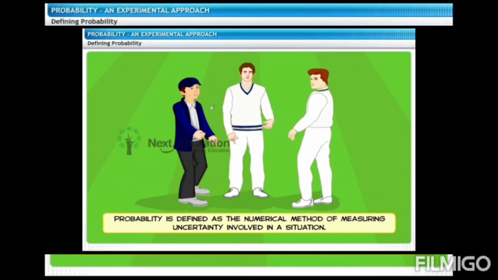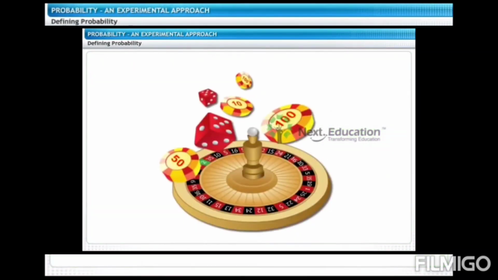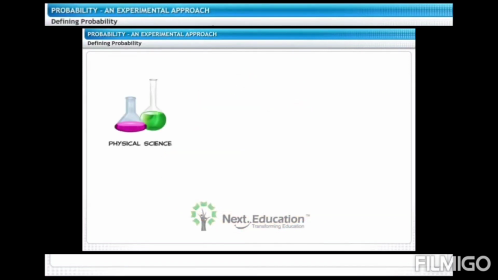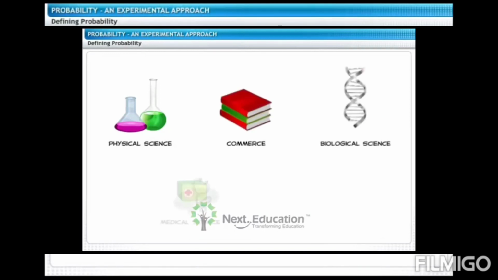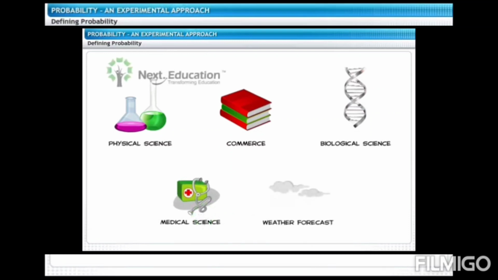In mathematics, probability is defined as the numerical method of measuring uncertainty involved in a situation. An interesting thing to note about probability is that it started off with gambling, as there is an element of uncertainty in gambling. Probability is used extensively in the fields of physical science, commerce, biological science, medical science, and weather forecasting.